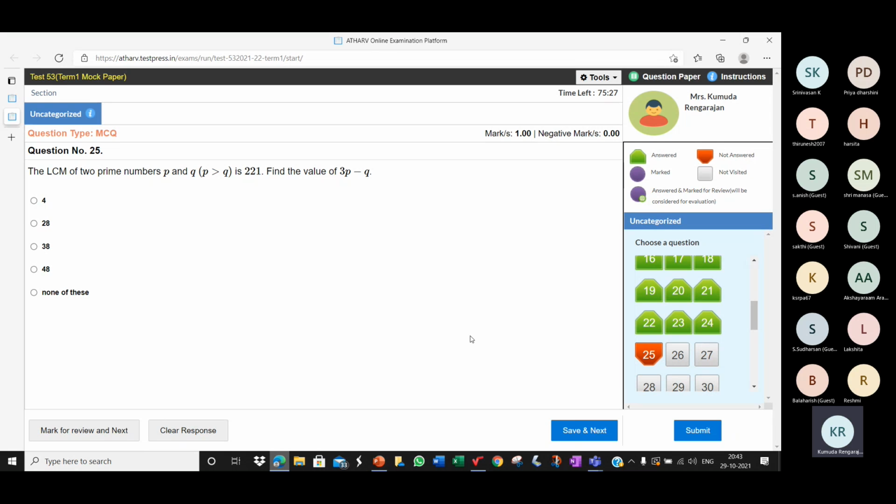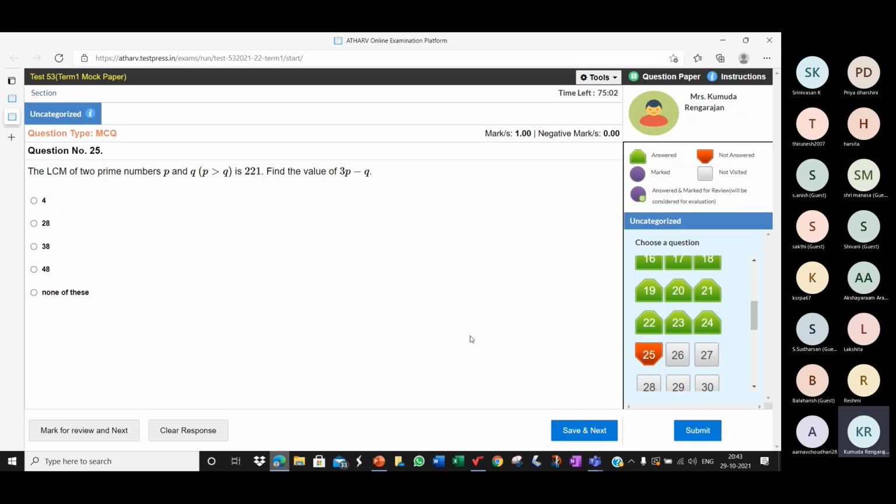The LCM of two prime numbers is 221. What's the LCM of 5 and 7? 35. What's the LCM of 7 and 11? 77.